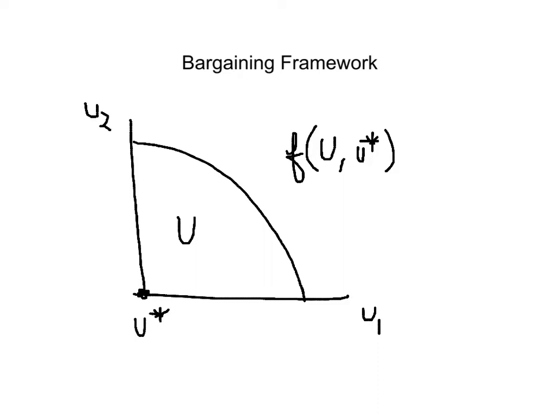This is the solution to the bargaining problem, and it's an element of the utility possibility set. It's one possible allocation of utility amongst the parties.